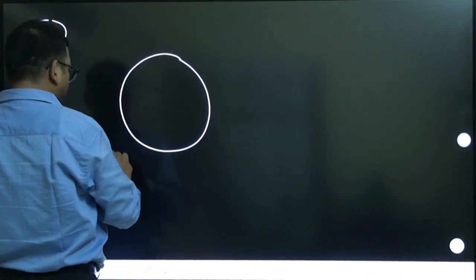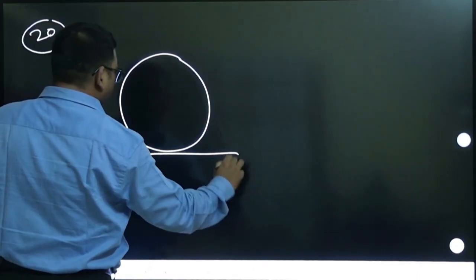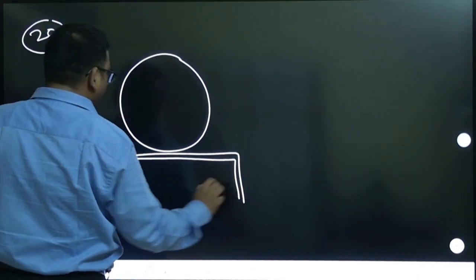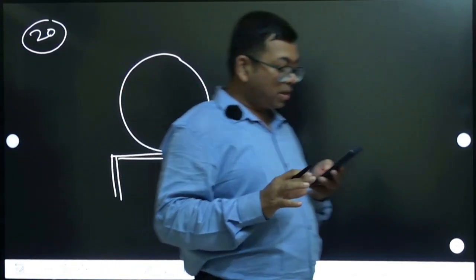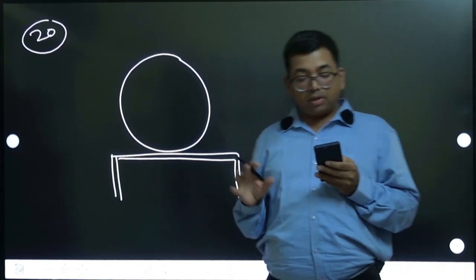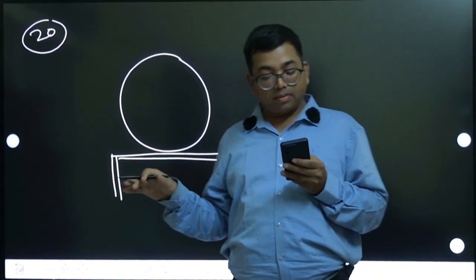Question number 20. Big question, looks like a story, but don't get confused. Okay. So there is a neutral metal ball of mass and radius given, right? Insulating horizontal surface they have given.